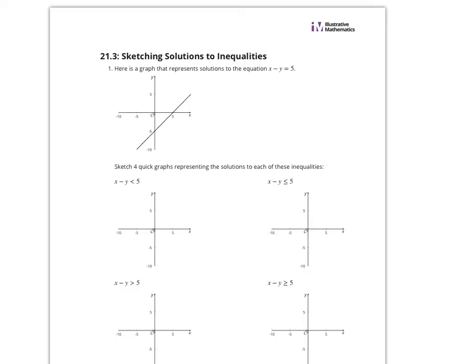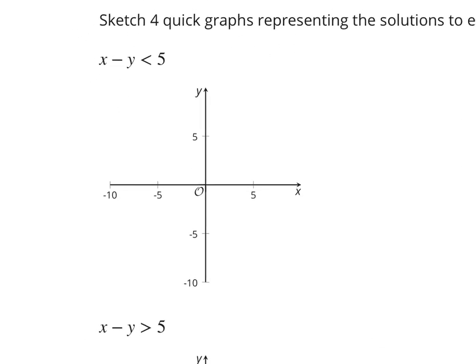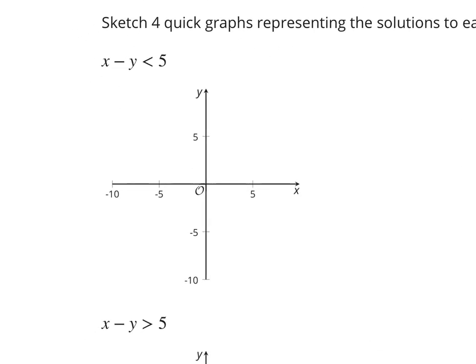All right, so let's take a look at our first inequality, which is x minus y less than 5. Now, if you recall in the previous activity, we said that ordered pairs that are solutions should have a solid line, and ordered pairs that are not solutions should have a dashed line. So we need to keep that in mind as we are sketching our graph.